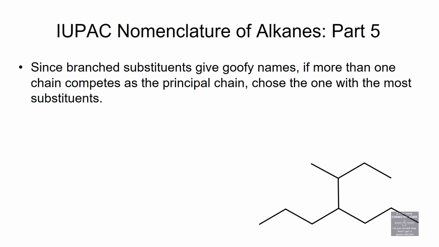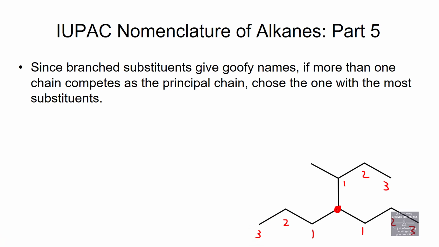So either one is okay. Since branch substituents give goofy names, if more than one chain competes, choose the one with the most substituents. So if you followed the junction rule here, from this junction, there are 3 carbons in multiple directions. So you're going to have a 7-carbon chain as your overall chain. Note, I added an extra carbon over here versus what's on your actual slides. Sorry about that, it's a typo.